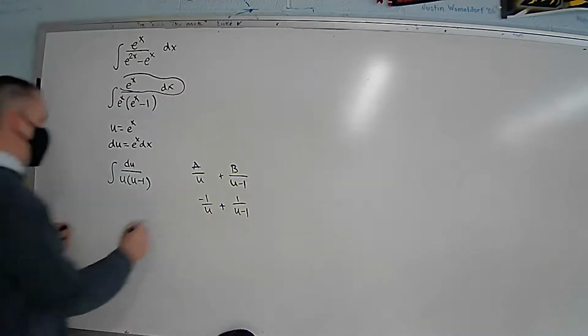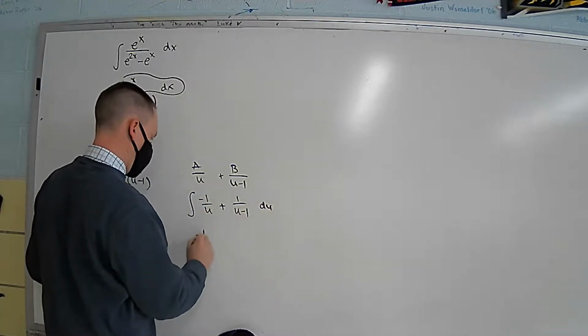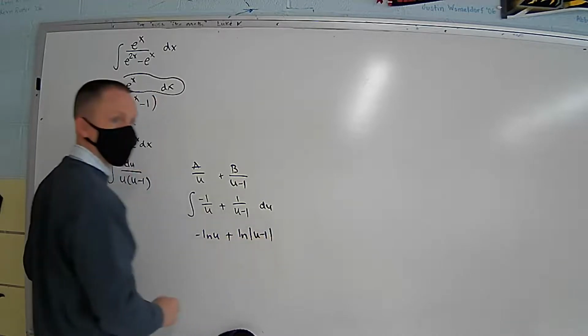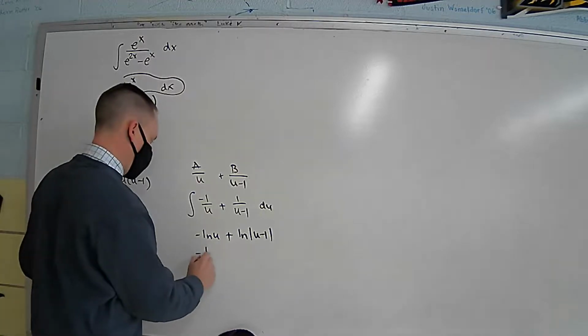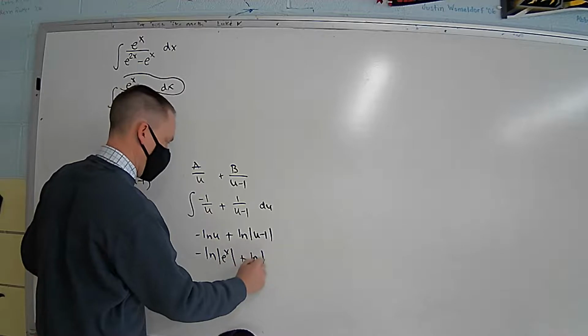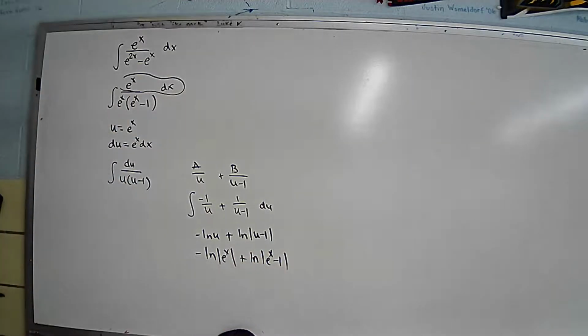So now I'm going to integrate this. That's negative natural log of u plus natural log of u minus 1. And then I'll go back and resubstitute: negative natural log of cosine x plus natural log of cosine x minus 1.